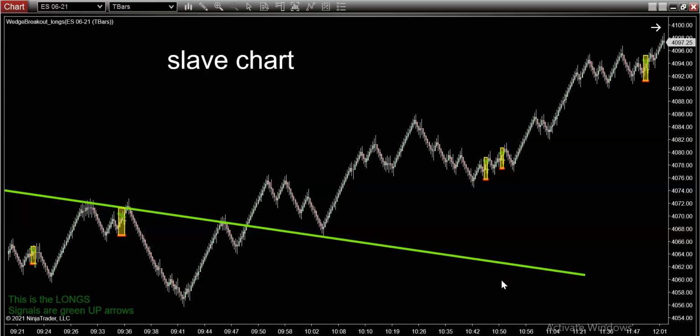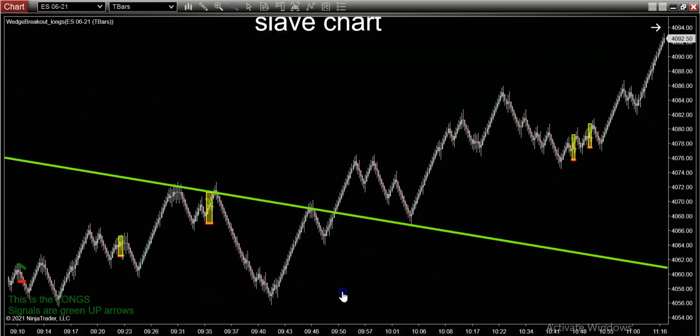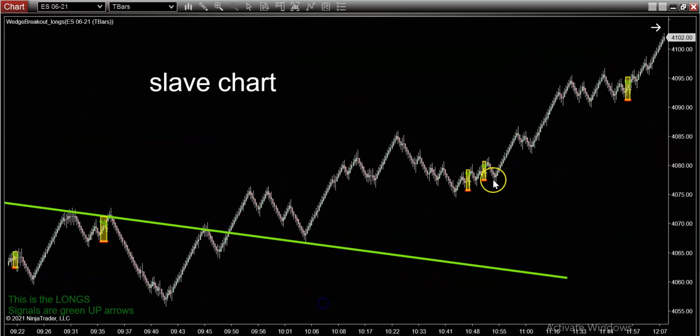I'm only interested in wedge patterns that are above the green trend line. I'm not interested in any wedge that shows up underneath the trend line, because these are all just false signals. Not interested whatsoever. Just notify me whenever a wedge prints above the green trend line.